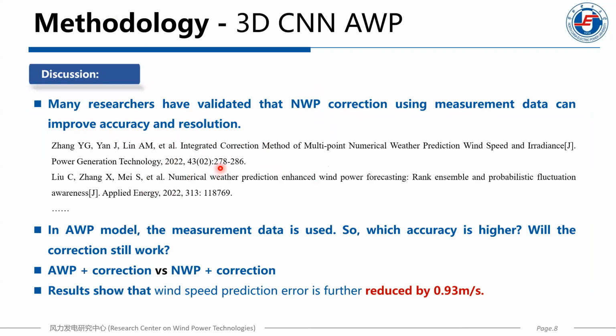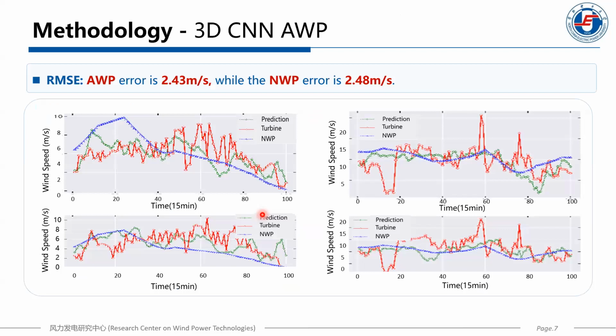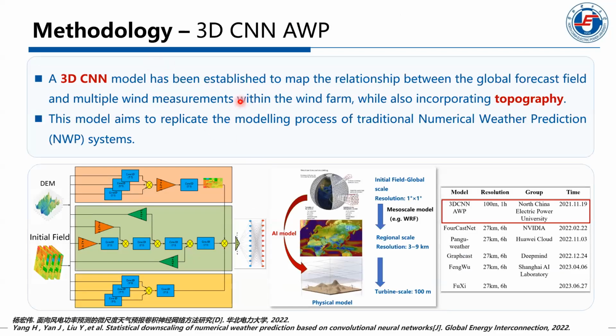You can see many papers and reports, and even for us, we use many AI algorithms to map the NWP directly to the measurement data. But here, what our AWP means is AI-based weather prediction. We name it that.